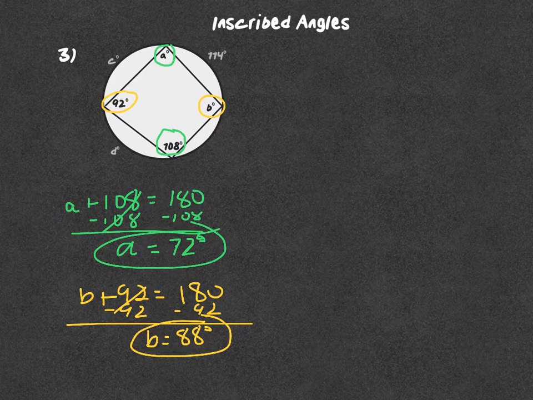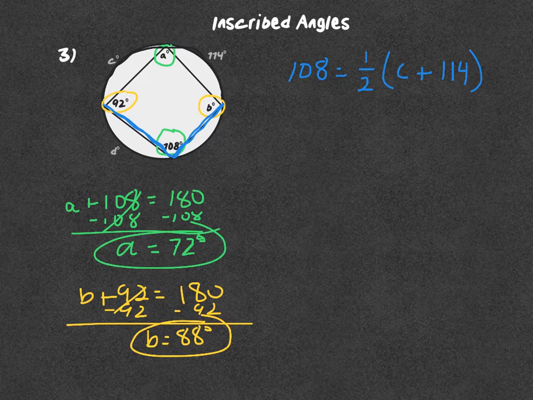information. When I look at C, I have this angle right here, which is the angle 108, and that's going to equal half of the inscribed arc, which is right here. So it's going to be half of the C plus the 114. So I'm solving.